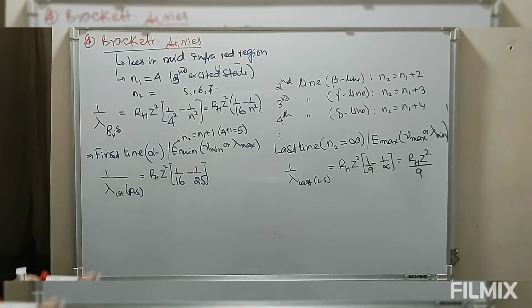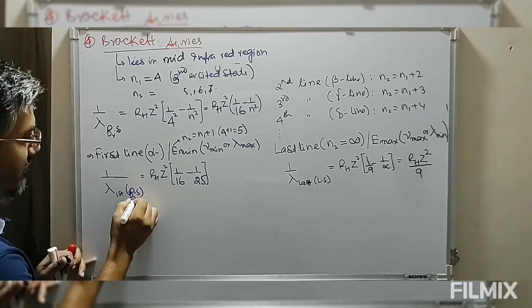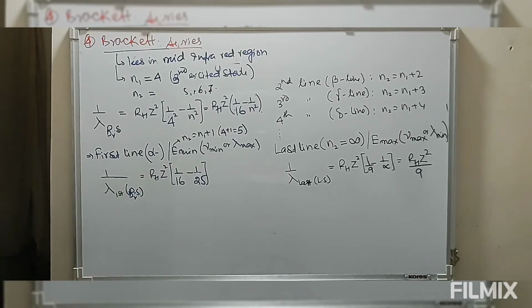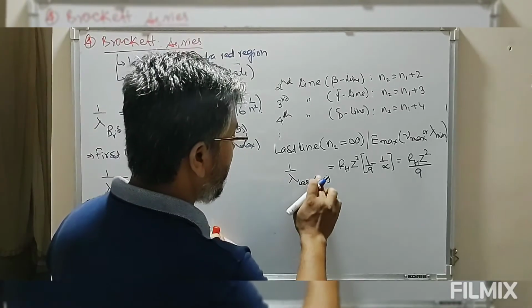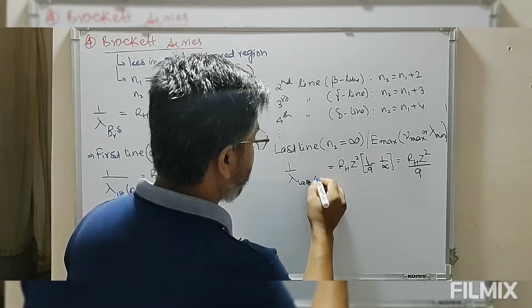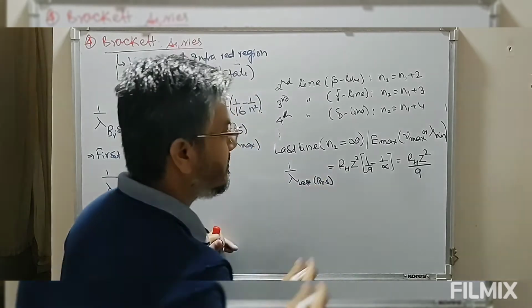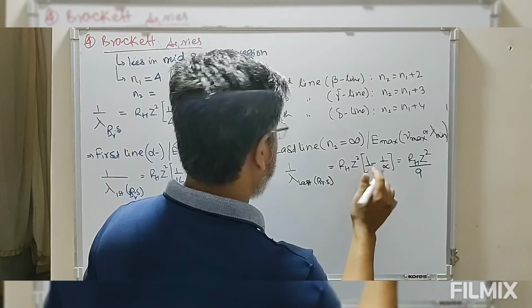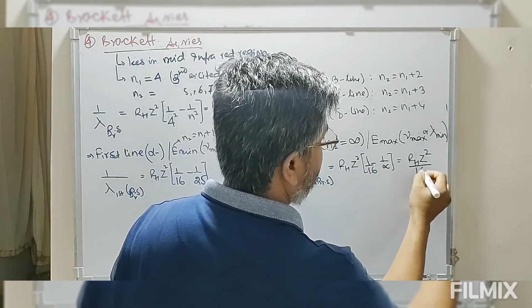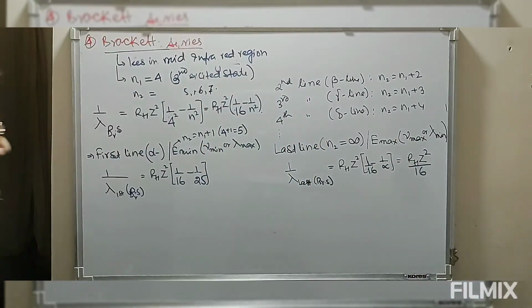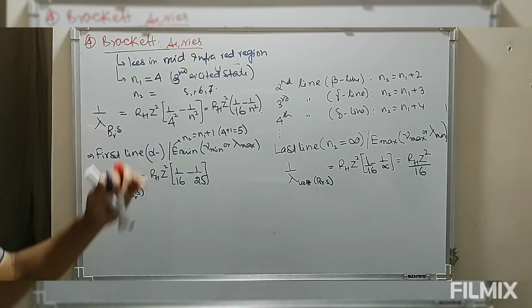So this is the first line of Brackett series. Again we have second line, third line, fourth line, last line. The last line of this Brackett series is 1 by 16, 4 square is 16. So this is the Brackett series.